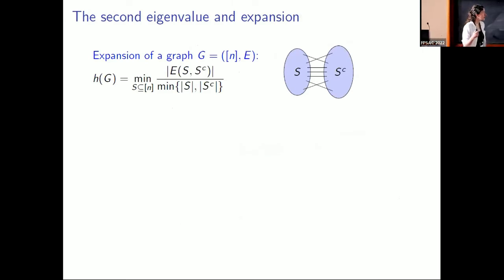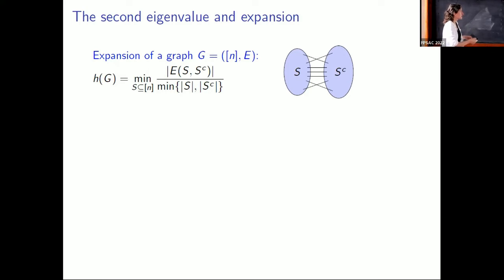And so very broadly speaking, just as motivation, there are many ways in which the second eigenvalue of a real symmetric matrix tells you many important things. One important thing that second eigenvalues can tell you about is expansion of graphs. So if I have a graph on n vertices with some edges, I can look at the expansion of some subset, which is the number of edges between the subset and its complement, divided by the smaller size of the two.